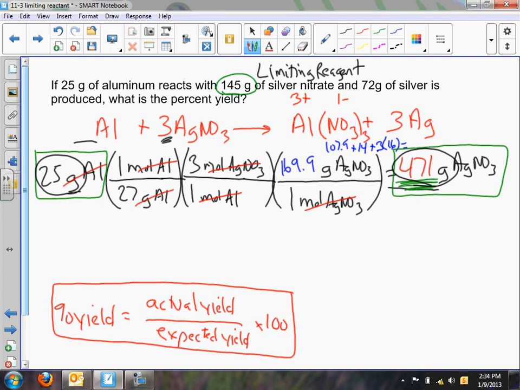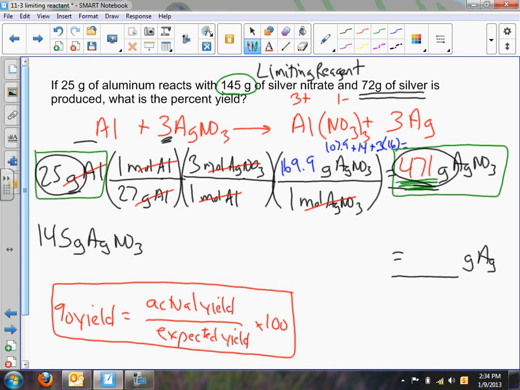So that's the substance I'm going to use to find my expected yield. I'm going to take my limiting reagent, which was 145 grams of silver nitrate, and I want to figure out how many grams of silver I expect to get. And the reason I'm choosing silver is because they told me what my actual yield of silver was.